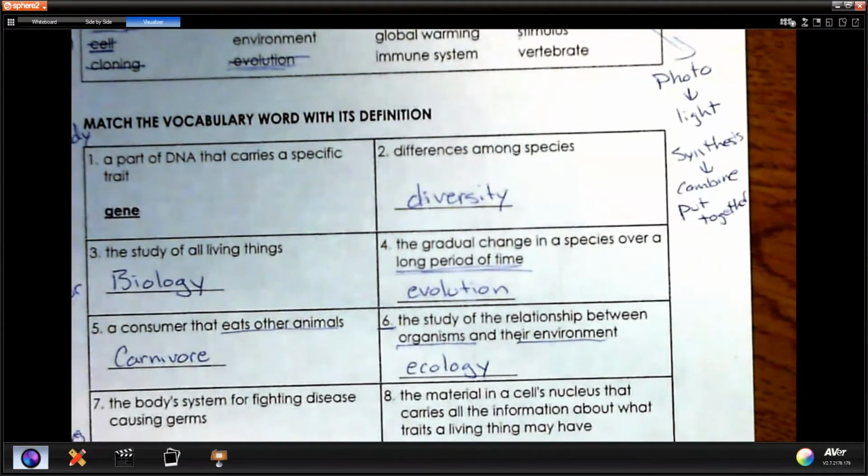If I take 2 or 3 minutes just to get the first 2 done, I killed a lot of time and don't have much left for anything else, right? So always scan through it, find the easiest ones first, knock those out of the way. Now you have more time for the ones you really have to think about.